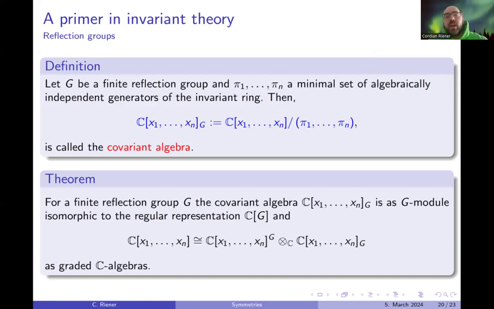And this covariant algebra has very nice properties. Namely, it has the property that as a representation, so I then also can define a group action on this vector space, this covariant algebra, which is just the action that I get after modding out invariant polynomials.